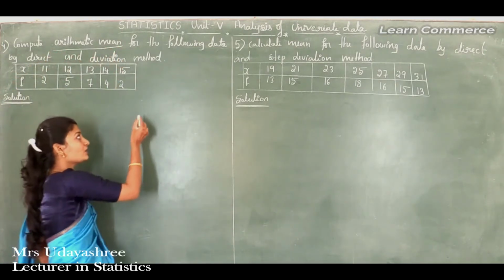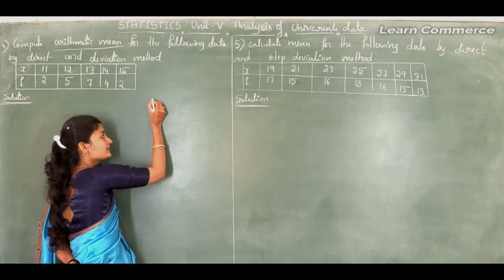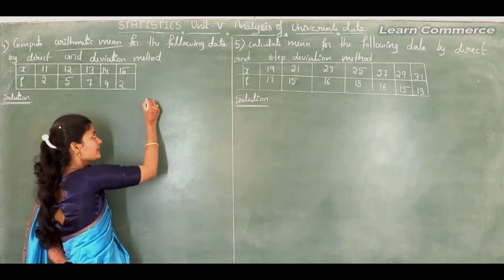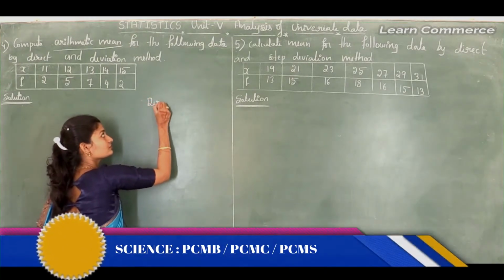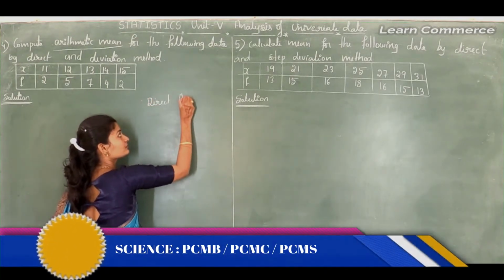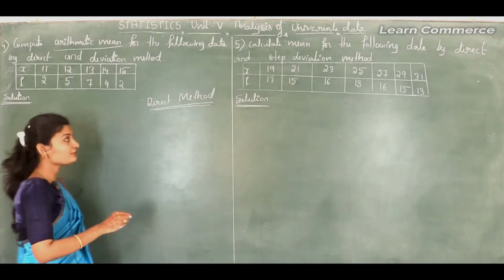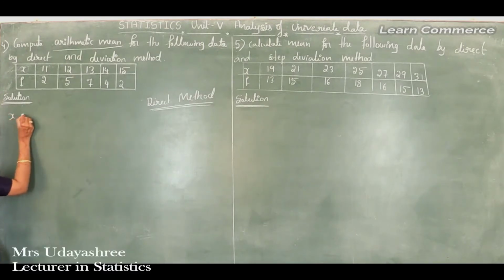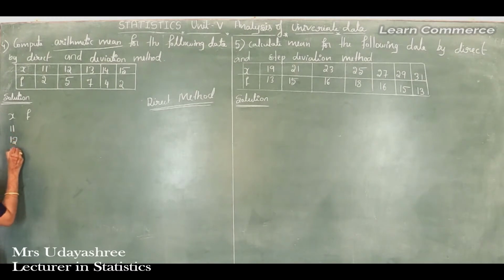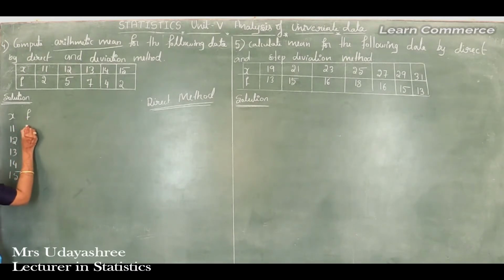Let's see how to solve arithmetic mean using the direct method in case of discrete data. Here the given information is x and f observations. The x observations are 11, 12, 13, 14 and 15 and the f observations are 2, 5, 7, 4 and 2.